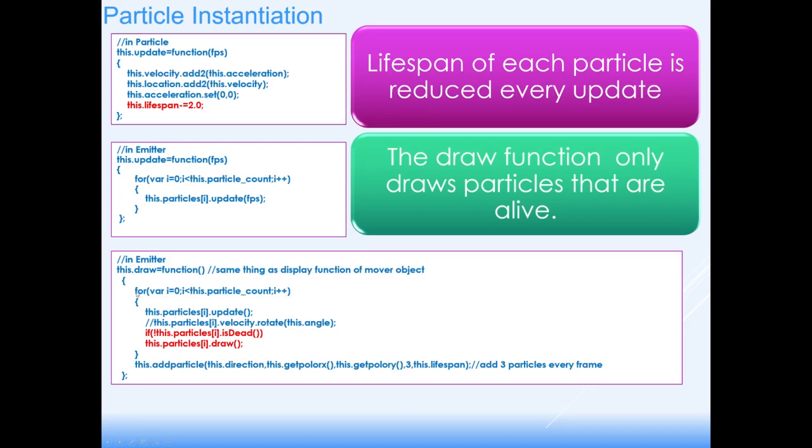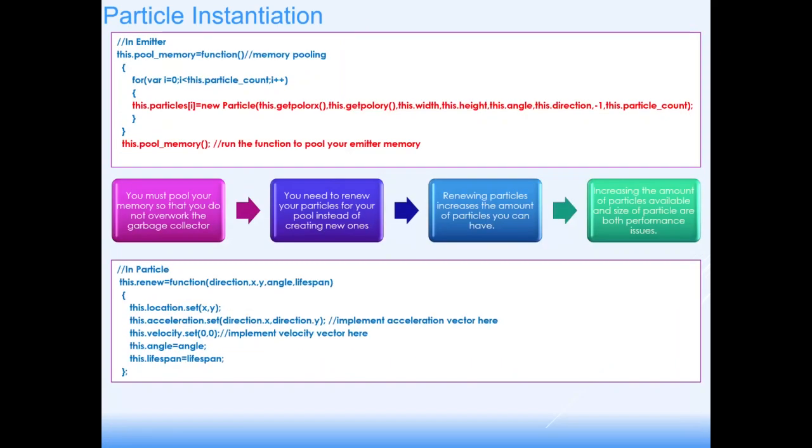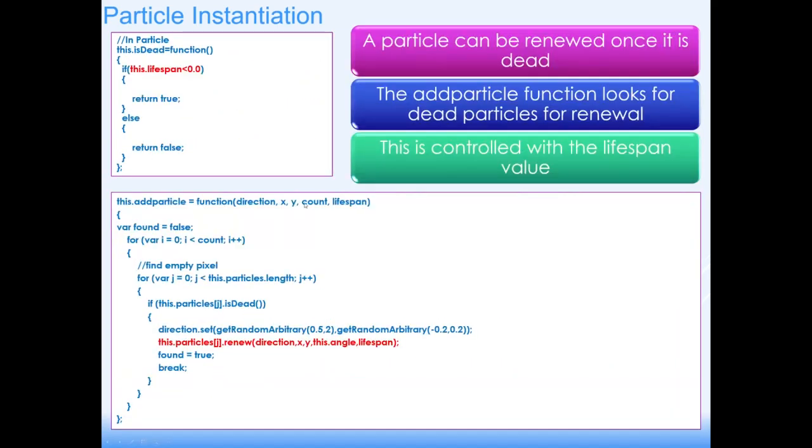So every time the draw function is called in the emitter, I draw all the particles that are alive, then I add new particles. So every time the draw function is running, I add particles, or the proper term would be, I renew particles. And it looks like I'm doing 3 particles for every frame. If you look at the add particle function, you'll see that it takes a count, how many particles do you want to add, and what lifespan of particles do you want.